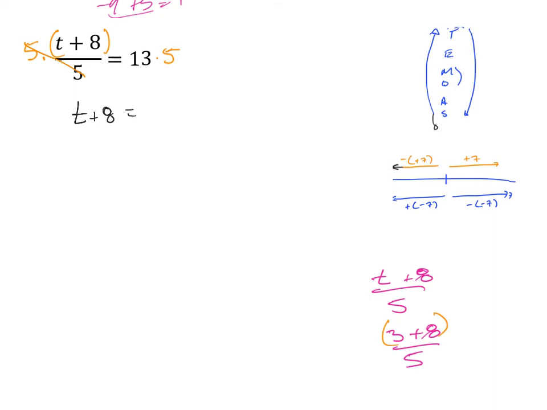And 13 times 5 is going to be 65. Now I've solved this part and I have t plus 8. How do I undo adding 8? I'm going to undo adding 8 by subtracting 8 from both sides. So I'm going to wind up with t equals 65 minus 8 is 57.